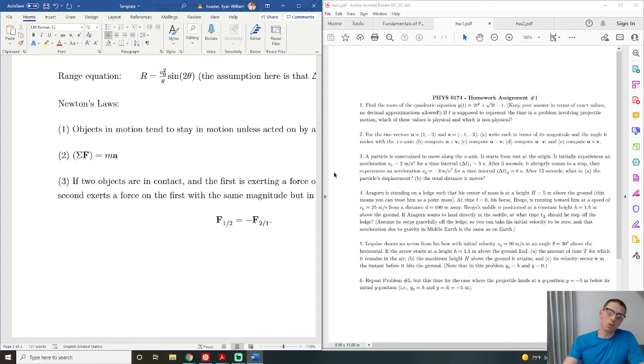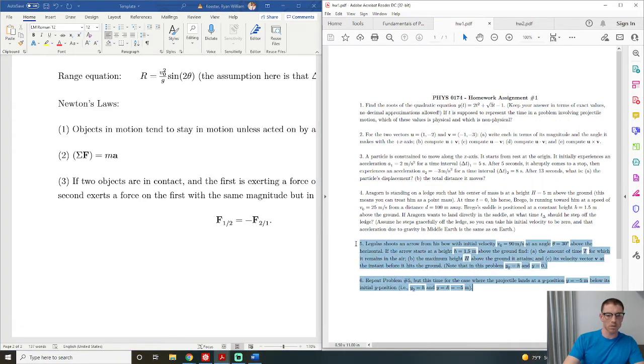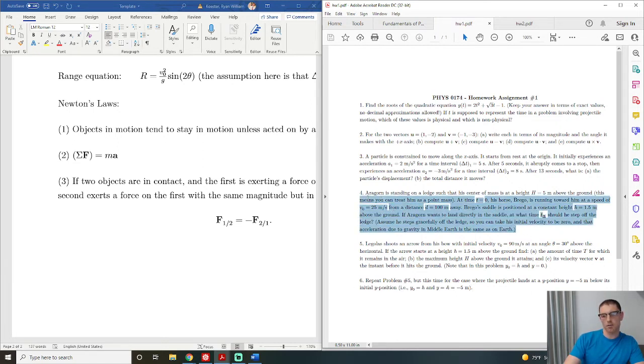Because we don't have unlimited time, what I really want to do is work on 5 and 6, because I think these are going to be the most important for your exam preparation. These are really the only truly 2D problems on this set that I assigned.